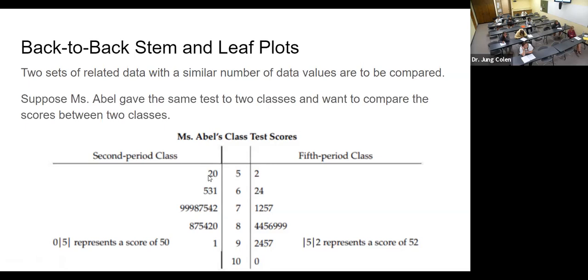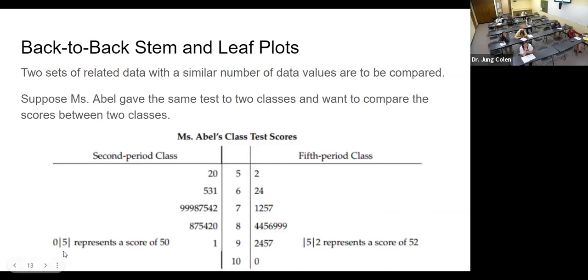So one student scored 52, and another student scored 50 in the second period class. Make sense? So what does this mean? This 9: a student in the second period class scored 79, right? And this means 77, 75, 74, 72, etc. We can compare them easily, right?